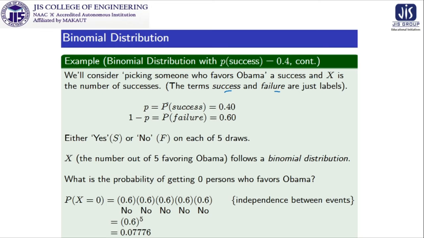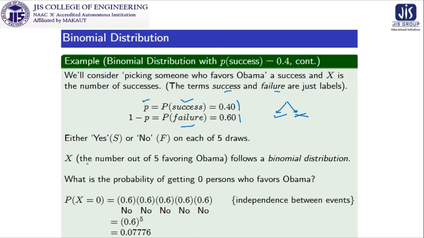It is given that small p, that is the probability of success, is 0.4. So obviously failure will be 0.6, because it is an either-or condition: either likes Obama or not. So either yes, meaning success, or no on each of the 5 draws.